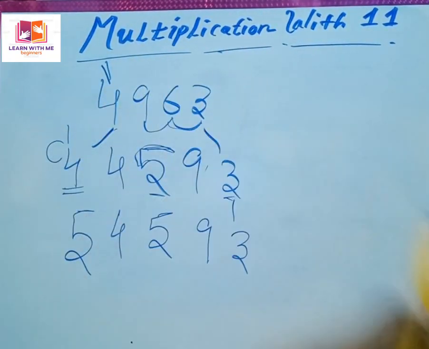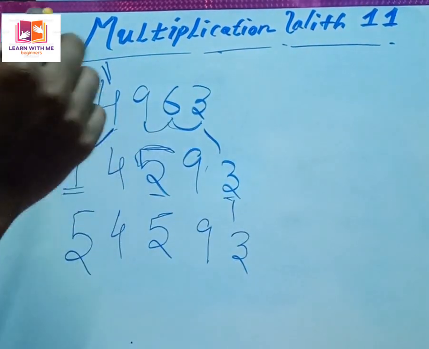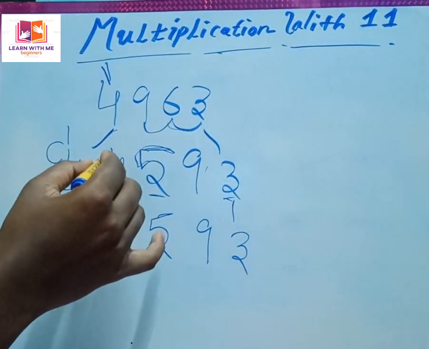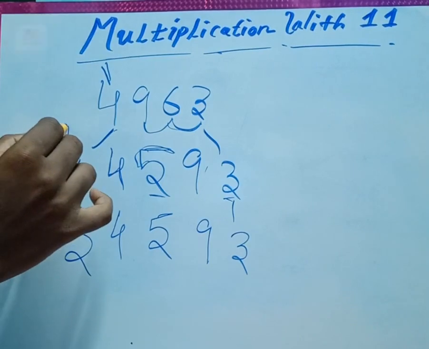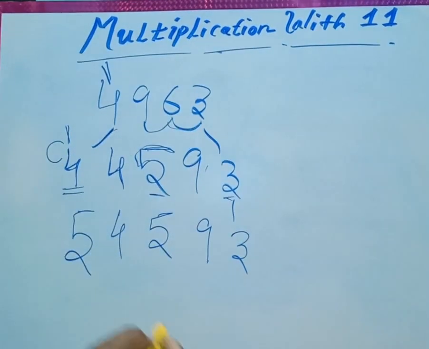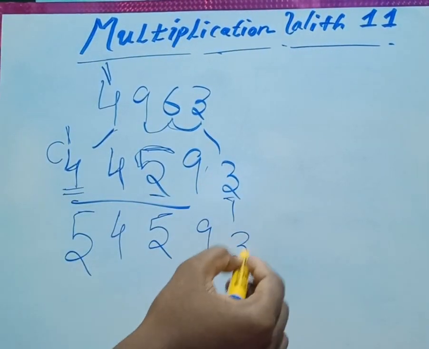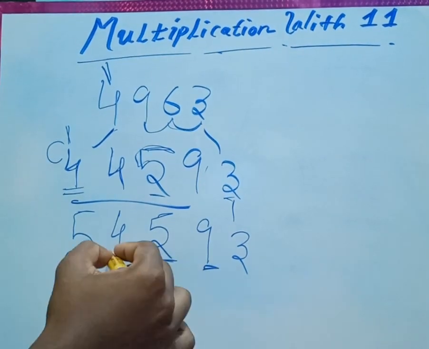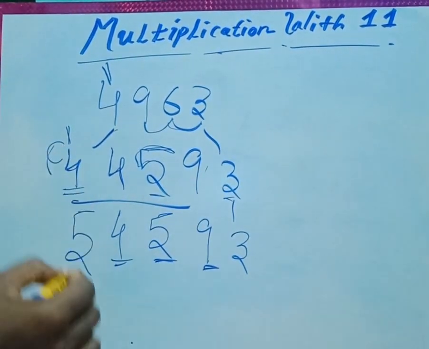Now 9 plus 4 is 13, and add that carry 1, that is 14, so 4, and that 1 carry goes on top of 4. Now write it again: 3 9 5 4, and 4 plus 1 is 5.